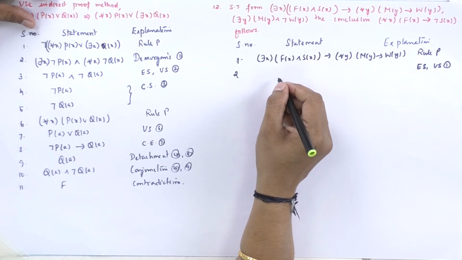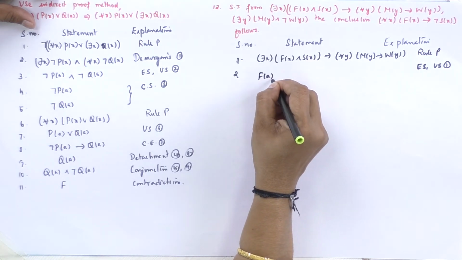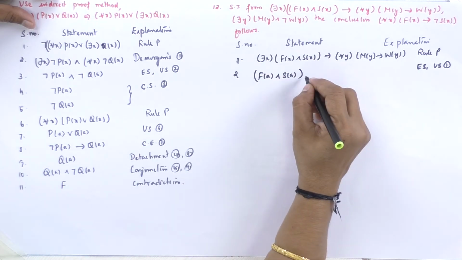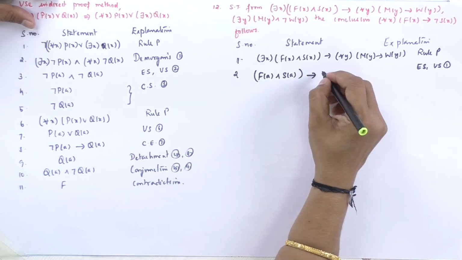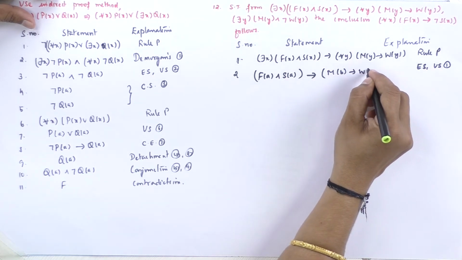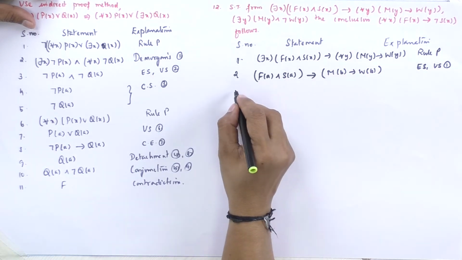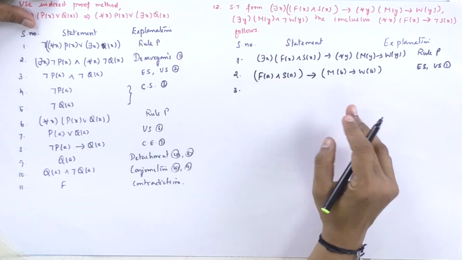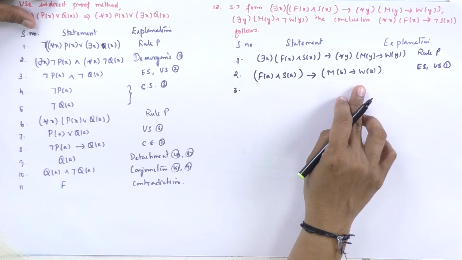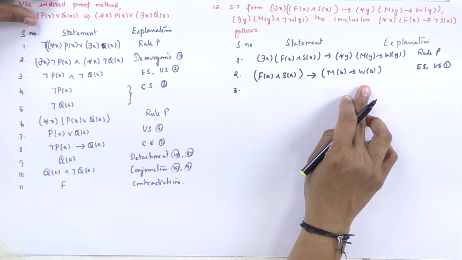So, I will have here f of a and s of a, right, x, and I have y now. For that y, I try to have some other variable, that is m of b conditional w of b. So, the third point is that f of a and s of a conditional m of b conditional w of b.